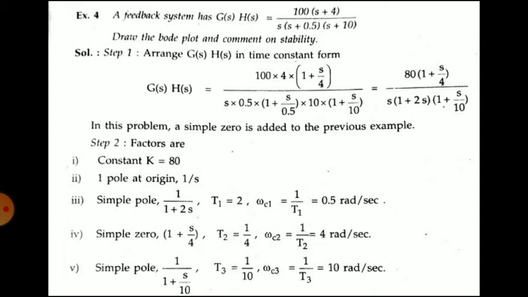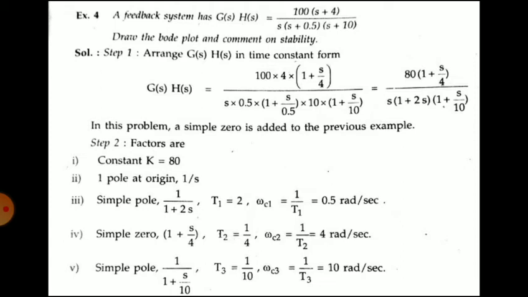For example, the transfer function is given as G(s)H(s) equal to 100 into (s + 4) upon s into (s + 0.5) into (s + 10). First, you have to convert this transfer function into time constant form, which is shown here.